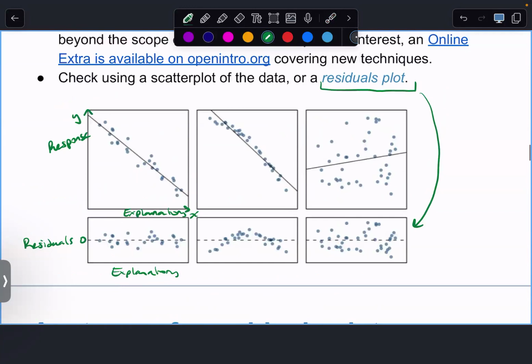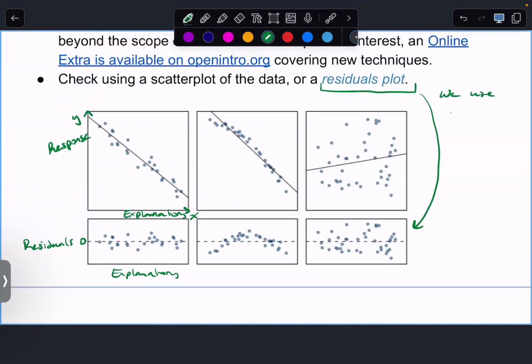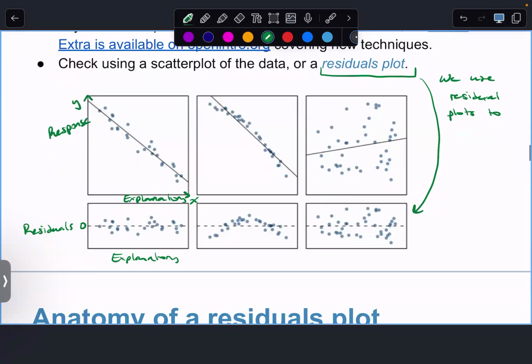But the residual plots, we use residual plots to magnify the original scatter plot, right? And to find those conditions violations. We use residual plots to magnify, I'll say, the relationship in the original scatter plot.